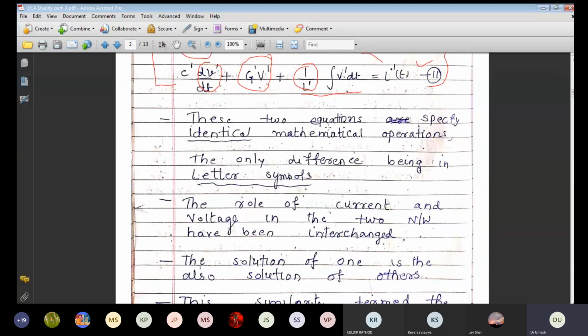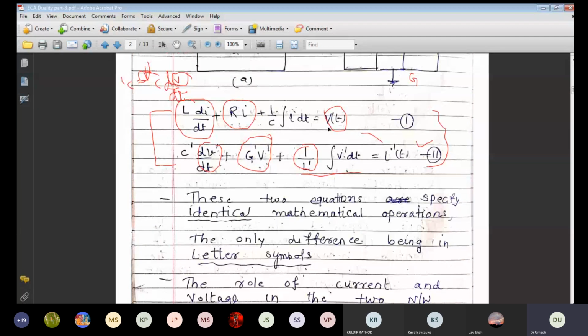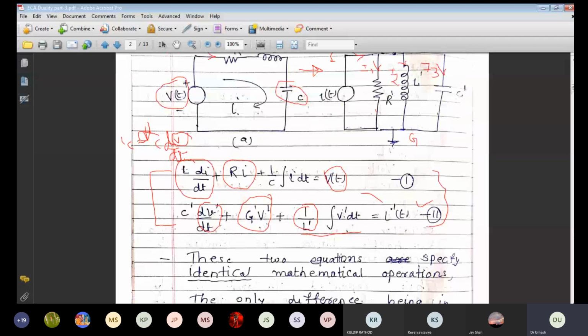So in that way, one important point: if we replace this L value, suppose the L value is 2 Henry, and the unit of C is Farad, so we can replace this 2 Henry with 2 Farad. Simple, 2 Farad. R is suppose 2 ohm, so we can replace this with G dash as 2 ohm.